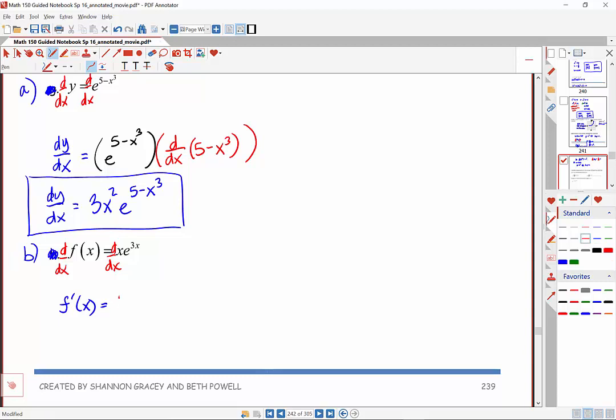So the derivative with respect to x of x is 1 times e to the 3x plus x times, rewrite the e to the 3x exactly as it was, right? And then you're going to multiply by the derivative with respect to x of that power, 3x.